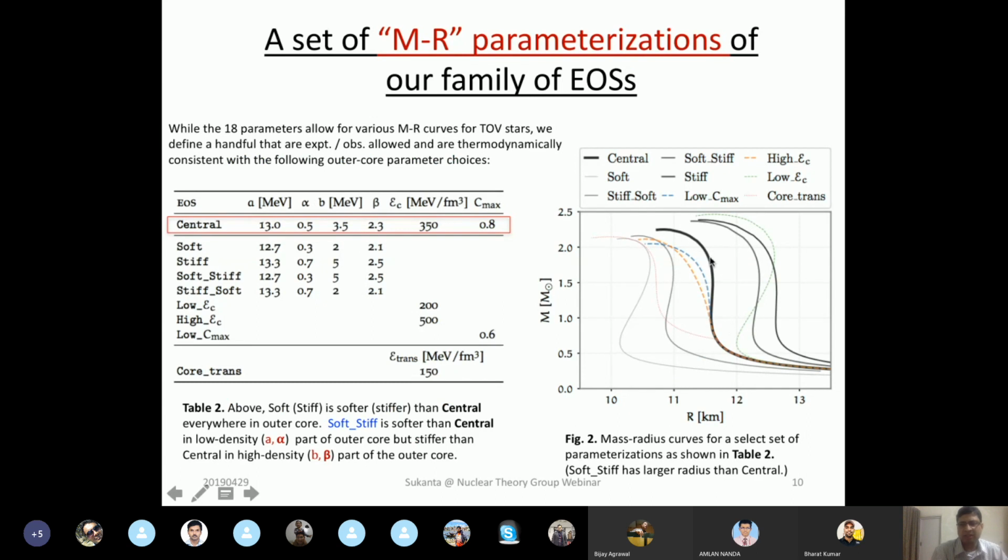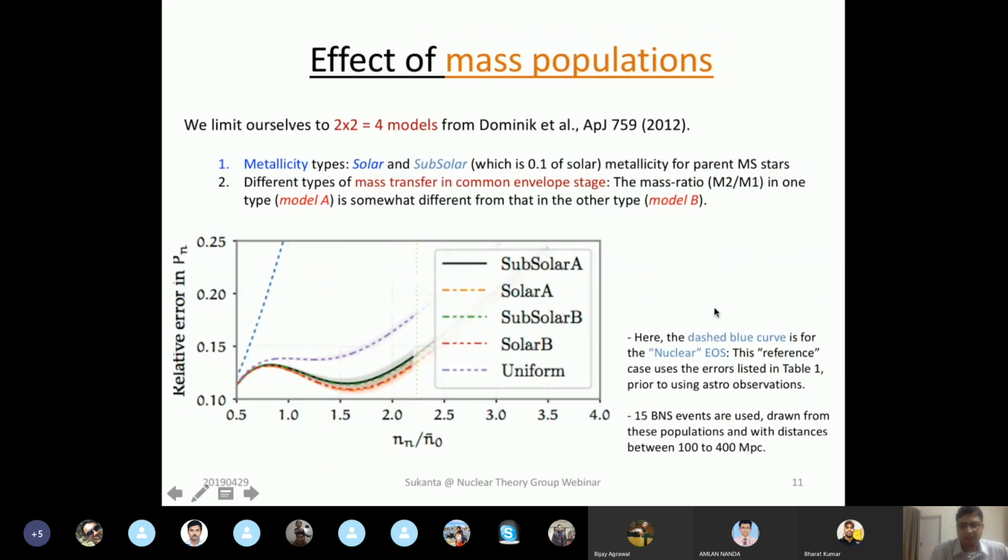For the uniform population, we'll be sampling very disparate neutron stars, because they will go all the way from close to 1 to 2 solar masses. But for some of the other Dominik et al. population synthesis models, we may sample only a relatively small region of this M versus R plane. So our quest here is to see how the mass distribution affects the errors.